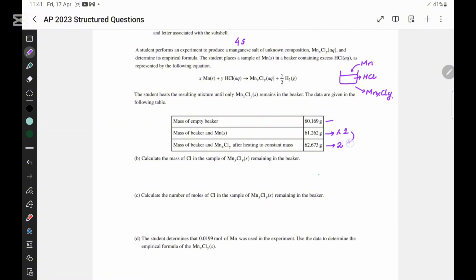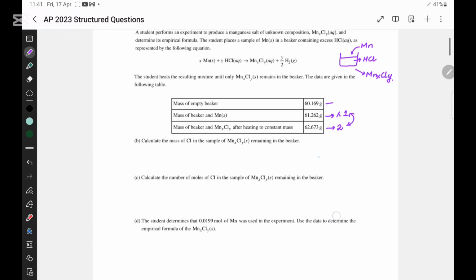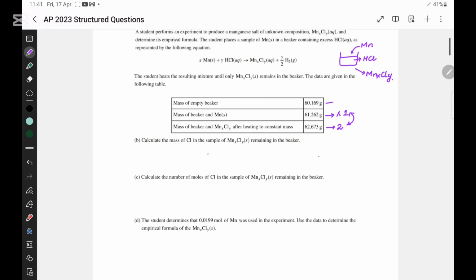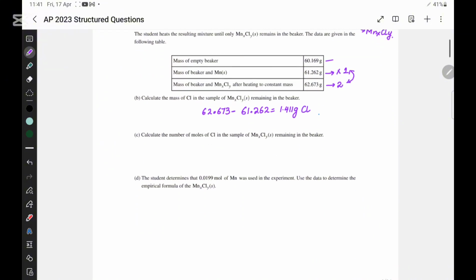If we subtract both of them, we are going to have the mass of Cl. So that is going to be 62.673 minus 61.262, and that comes out to be 1.411 gram chloride.